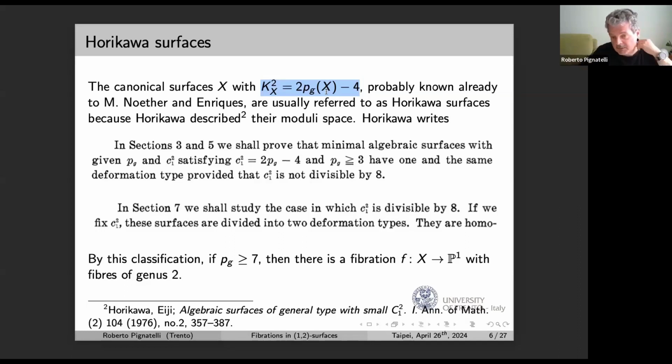And so the first part of the paper of Horikawa was writing down properly this classification. But the main point of the work of Horikawa that's important for this talk to specify is that Kodaira was his advisor, and deformation theory was at the beginning, and so he gave him this paper, these surfaces to study, with the goal to study deformations, the moduli space, because we were really at the beginning of deformation theory at that time.